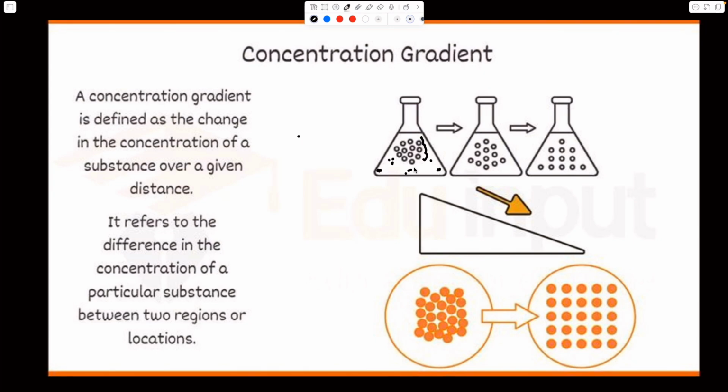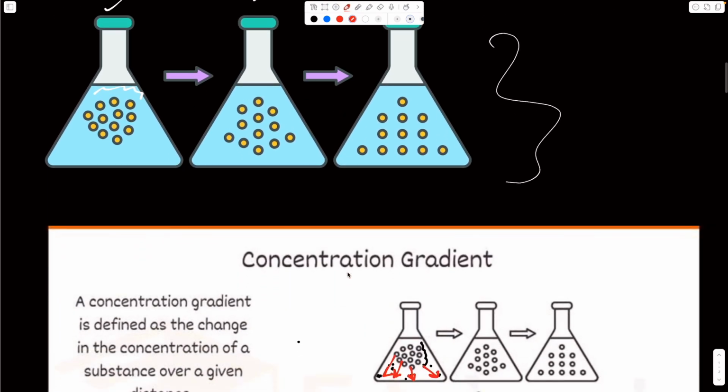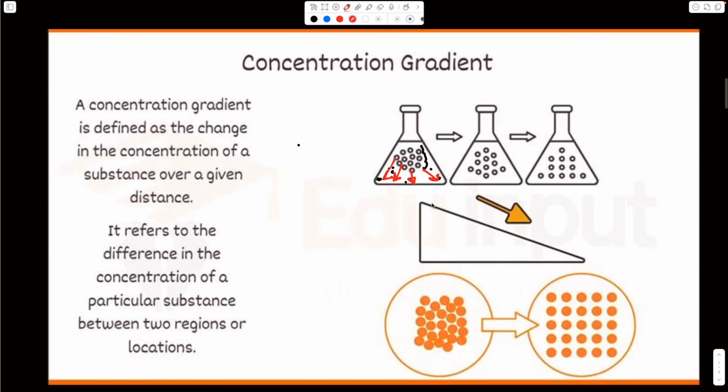So what happens is that these molecules move from the higher concentration to the lower concentration places, and eventually it forms a structure like this. So we have learned in these definitions, the copper sulfate diffuses throughout the conical flask, and as you can see the concentration gradient, over here it is higher and over here it is lower.